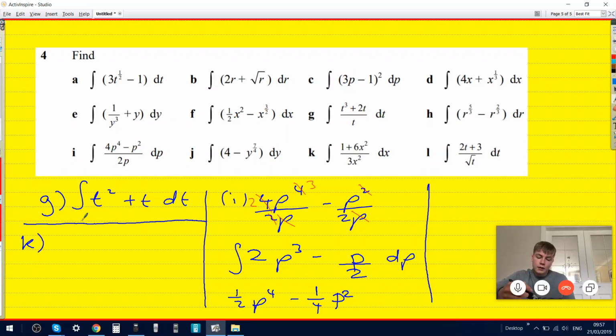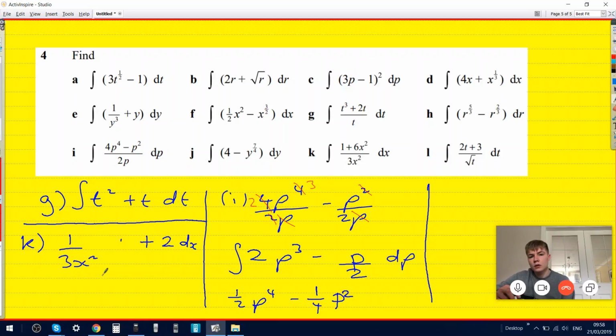So for the 6x squared bit, would it just become 3? Sorry, 2. So that's going to be 2. And the other bit, 3x squared, 1 divided by... What's 1 divided by 3x squared? Okay, so it's 1 over 3x squared.